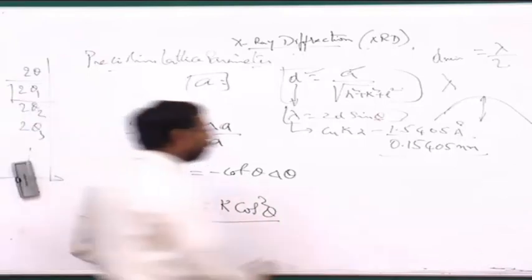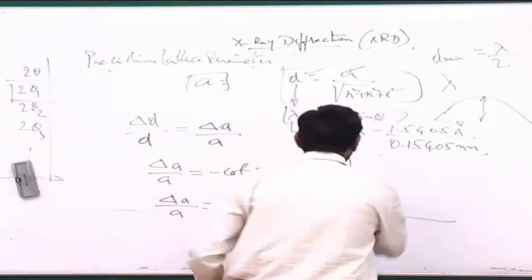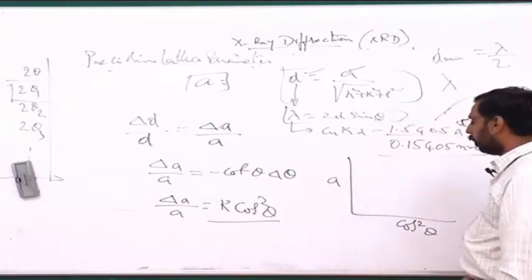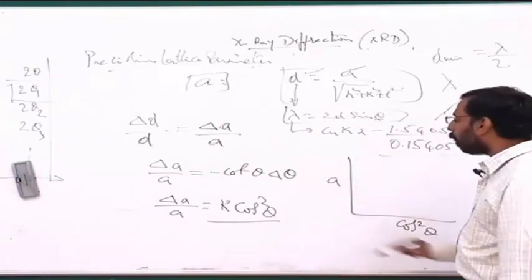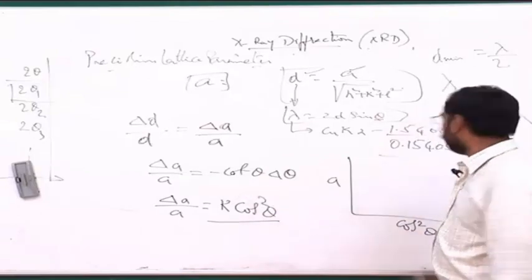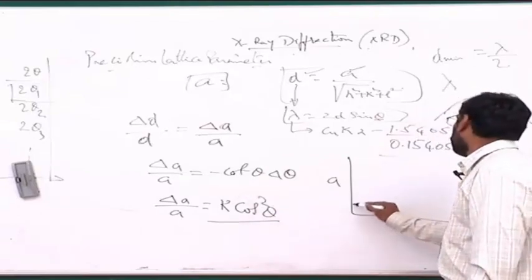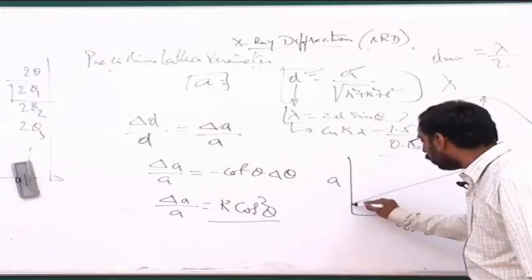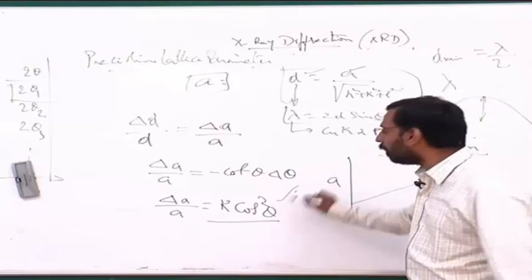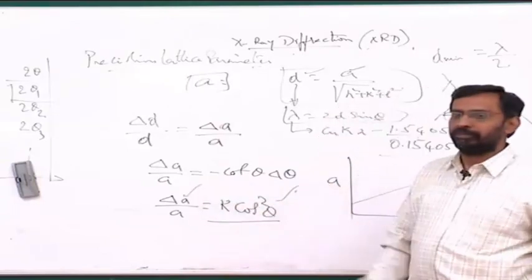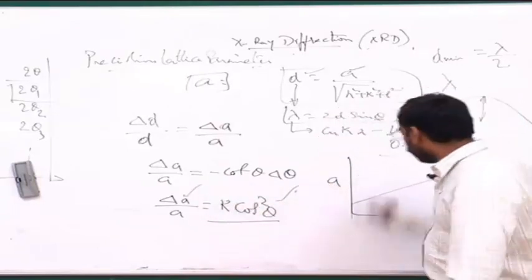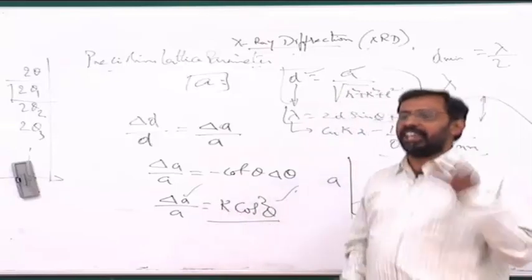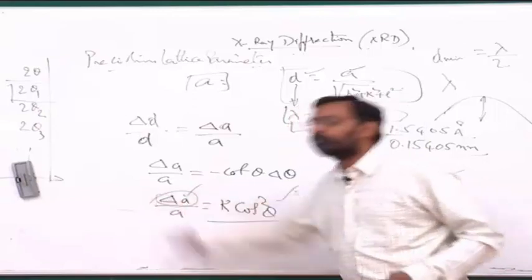So what people simply do is plot the lattice parameter as a function of cos square theta, and you see that as cos square theta increases, the lattice parameter will increase, and find out when cos square theta is 0. When cos square theta is 0, delta A is 0. Okay? So whenever cos square theta is 0, then the A that you get will be the precise A, because the error in A is 0.